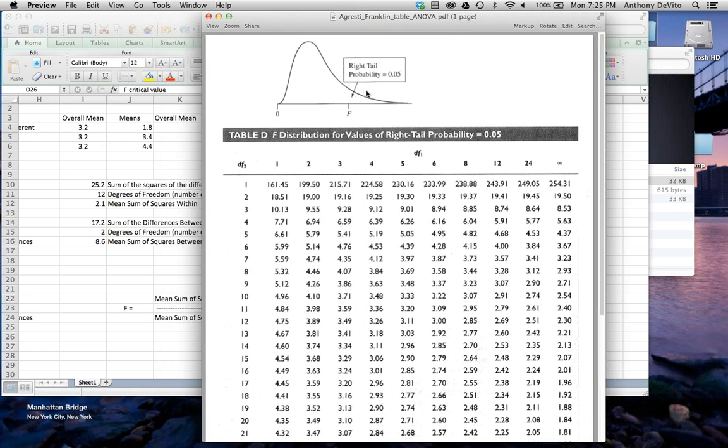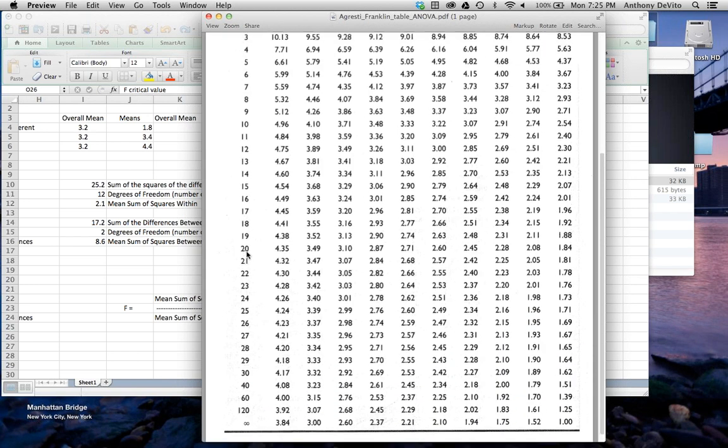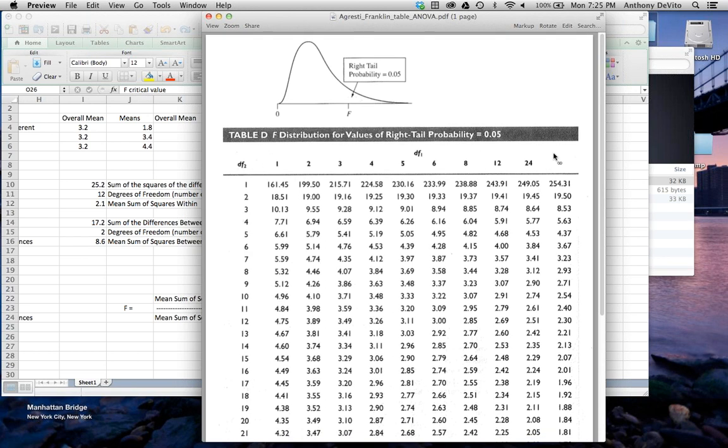Okay, and what we're looking for is the area in this part of the curve. And I see 2 degrees of freedom. I see a big one, and I see a little one in this direction. Well, this whole table is only for the right tail probability of 0.05.